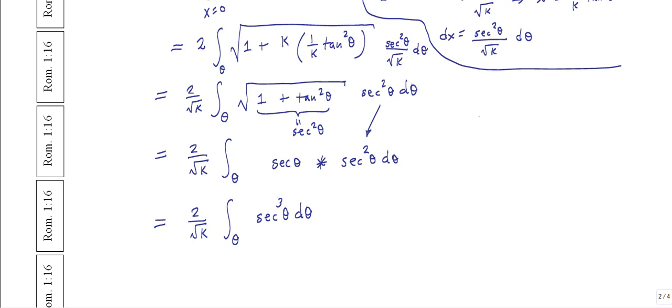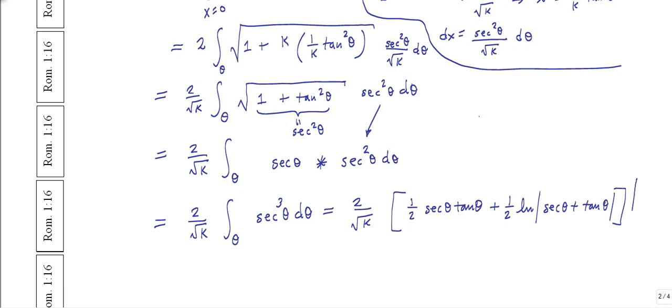So this is all then going to be 2 over radical k times the integral of secant cubed theta d theta, which comes to 1/2 secant theta tan theta plus 1/2 natural log of the absolute value of secant theta plus tangent theta. Okay, and we're not going to pick up a constant of integration because we have limits with regard to theta.